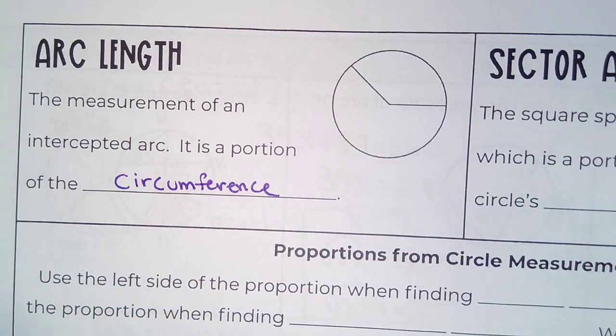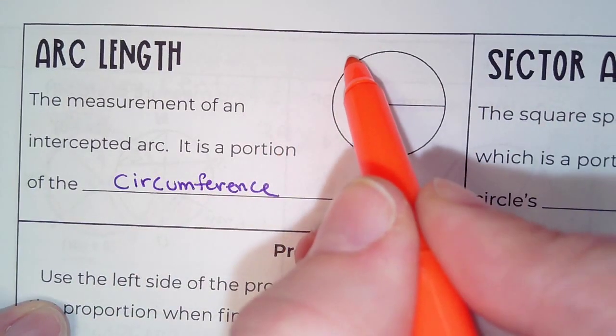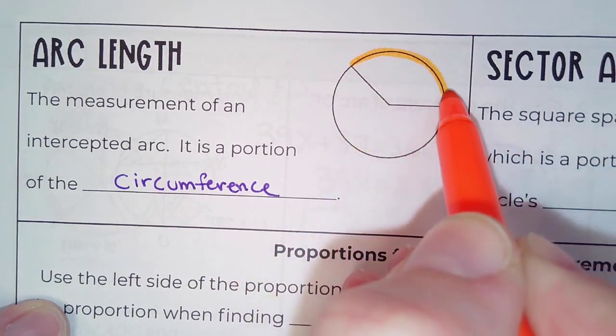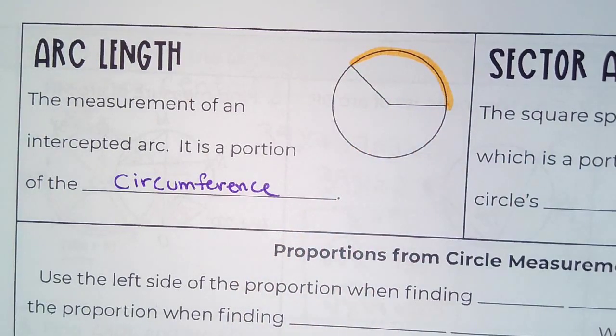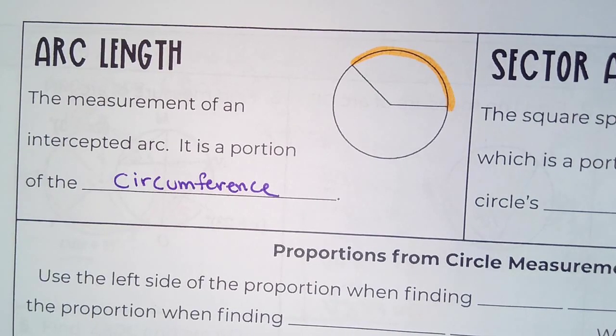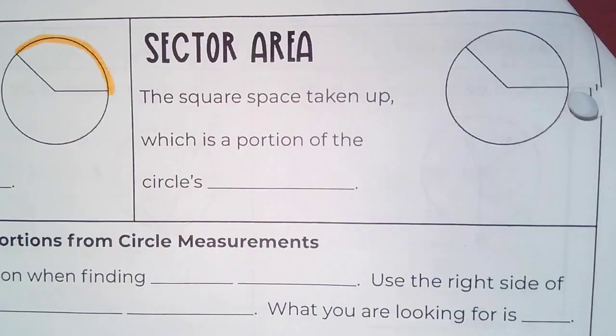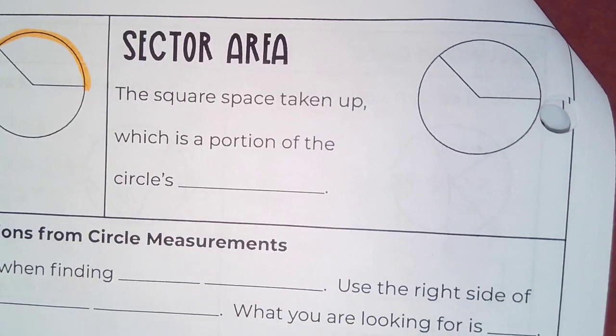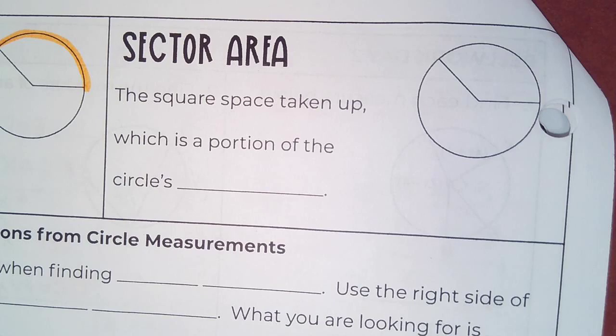So arc length would be here. Sector area. So the sector is the space taken up, which is a portion of the circle's area.